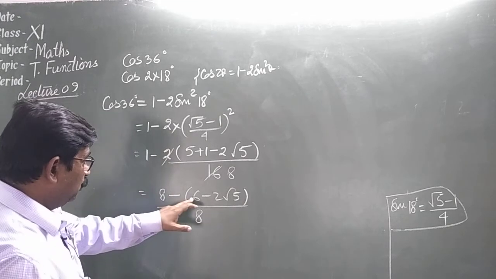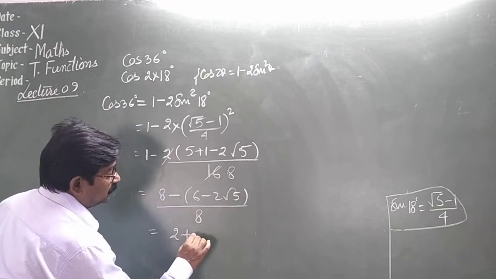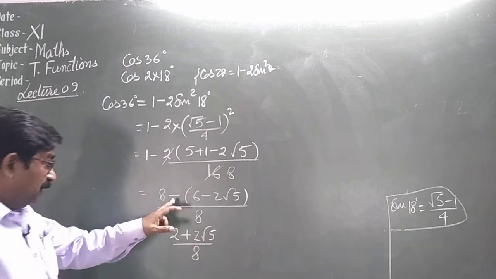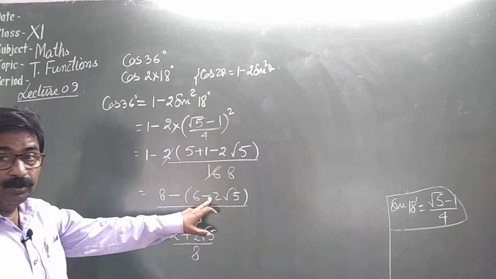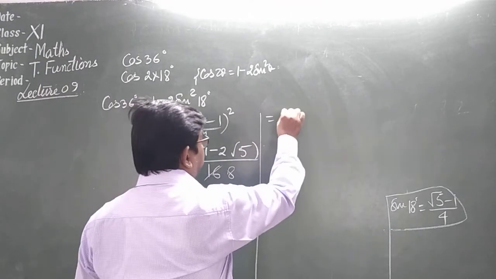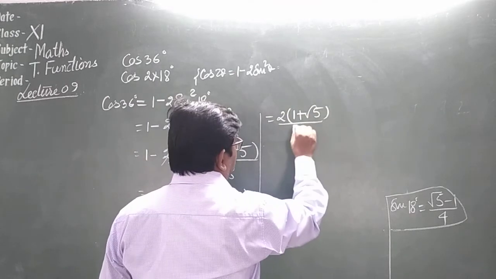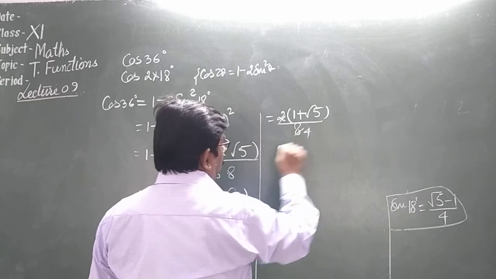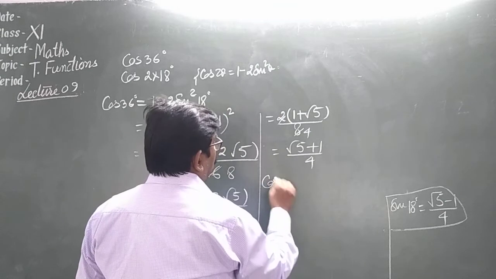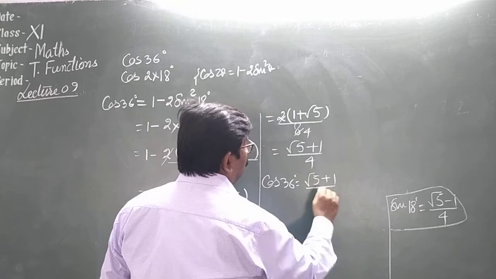We have 2 plus 2 under root 5 upon 8, because the minus sign changes into plus. 2 is common, we have (1 plus under root 5) upon 8. 2 fours are 8. So the answer is (under root 5 plus 1) upon 4. So cos 36 degree is equal to (under root 5 plus 1) by 4.